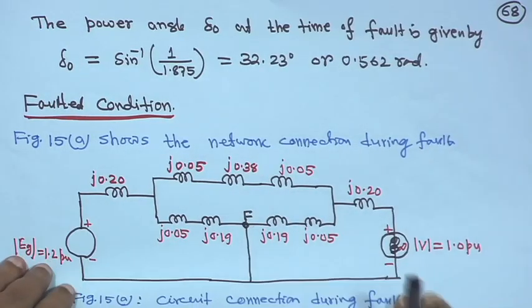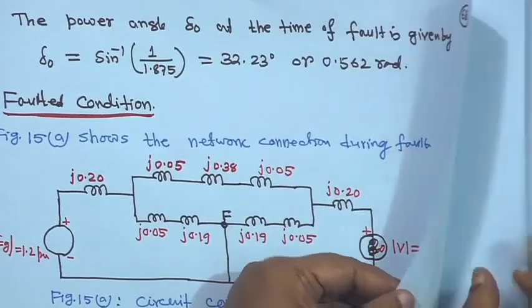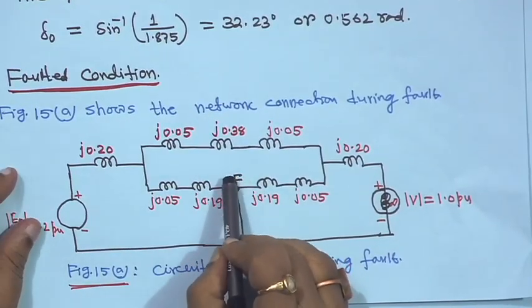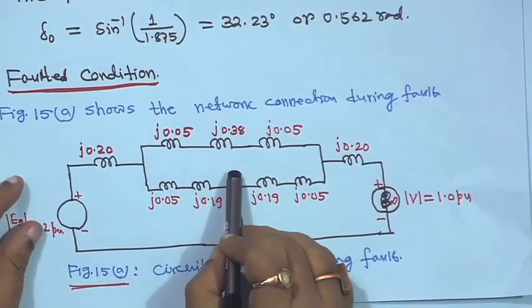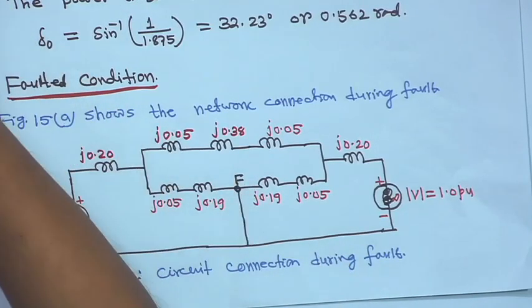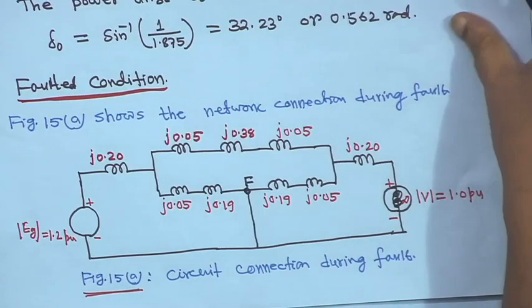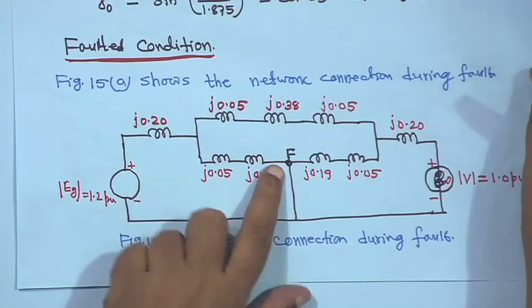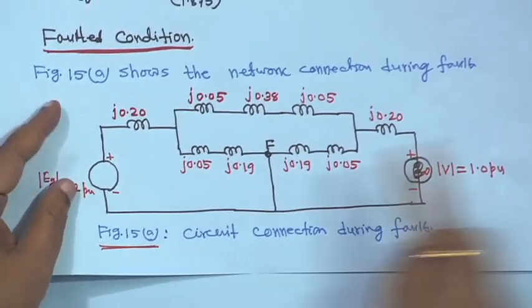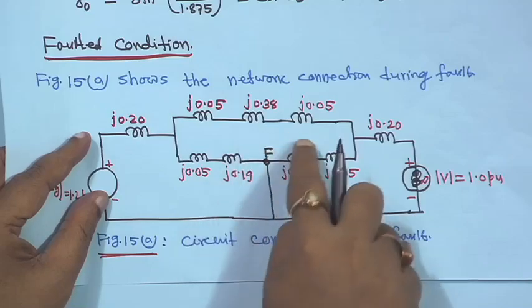Once you have made this connection, this is basically a delta connection, and you have to convert it to star. You can do the delta-star conversion on your own, and I can give you the final value. I will just write for you that only this part is a delta connection.